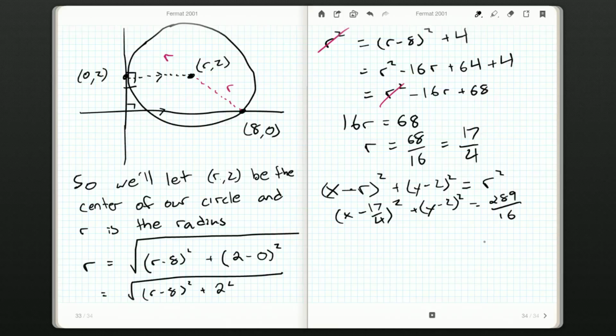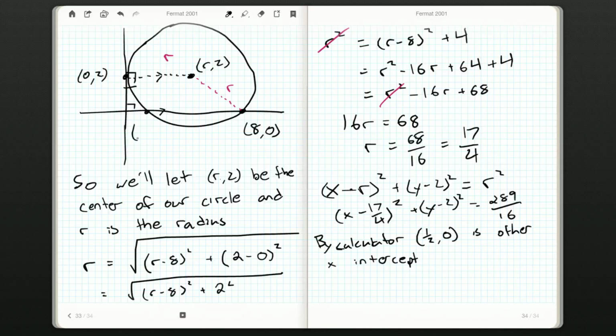So it looks like 1/2, 0 is the other x-intercept. Okay. Now we didn't need that. That was just me checking to make sure that the way I solved it didn't give 8, 0 as the smaller of the two x-intercepts. So 1/2, 0.